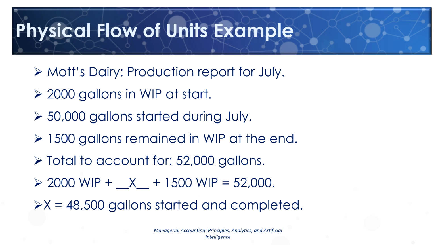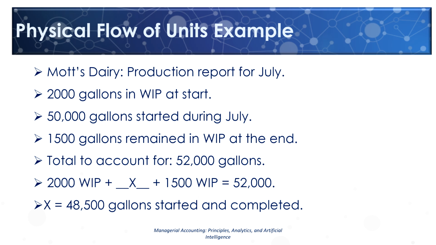In this example, Mott's Dairy begins with 2,000 gallons in work in process at the start of July. They start 50,000 gallons during July. They end with 1,500 gallons still in work in process at the end of the month. So total gallons to account for includes the units that were in beginning work in process and the units they started. That amounts to 52,000 units.